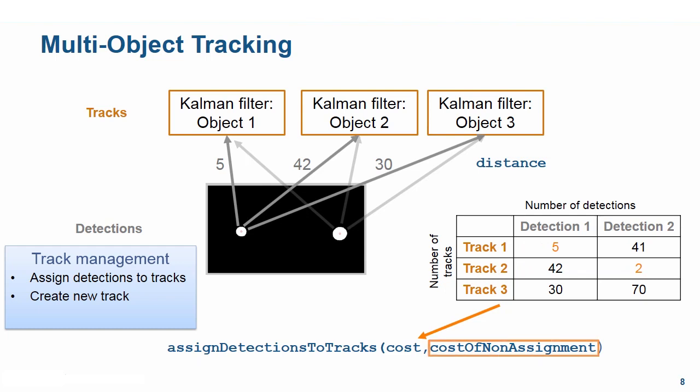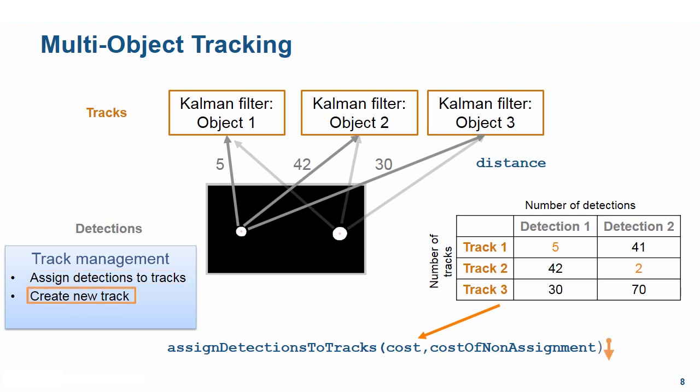The input argument cost of non-assignment specifies the cost for not assigning a track or a detection. A higher cost of non-assignment means that it is very likely that the algorithm will assign all detections to existing tracks. This could lead to wrongly assigned tracks and detections.